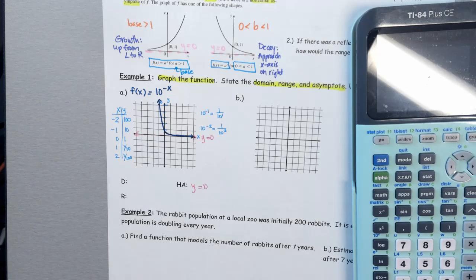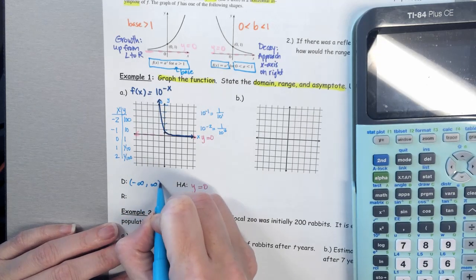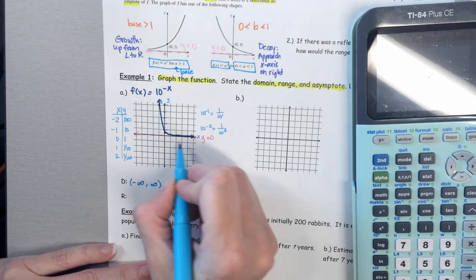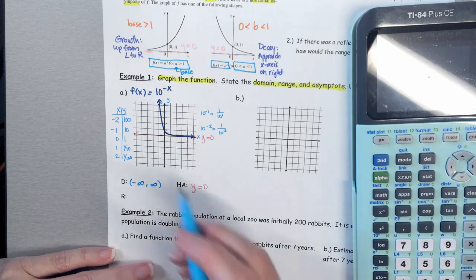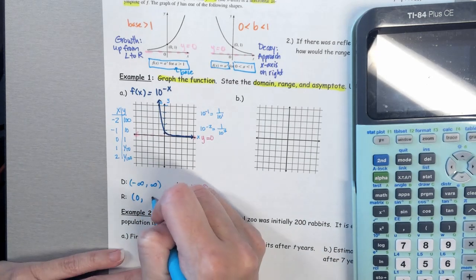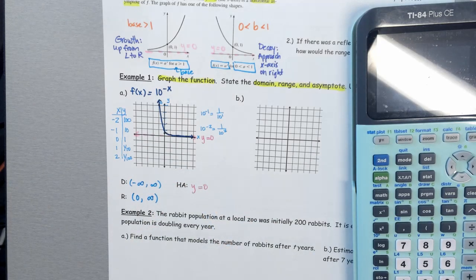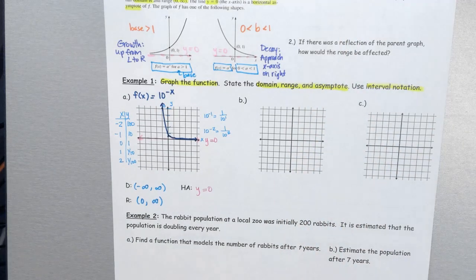Okay, now your domain is all real numbers. Your domain should always be all real numbers. And then your range, the lowest y value to the highest y value. The lowest y value it's going to go to is above 0, so it's 0 to infinity. You need a soft bracket because for all of these, it is not going to hit the horizontal asymptote.